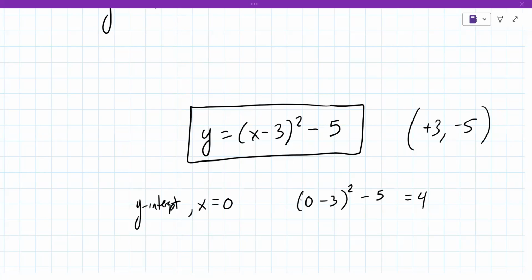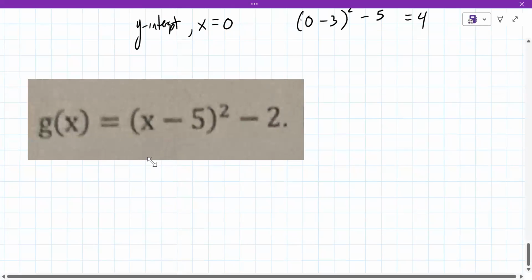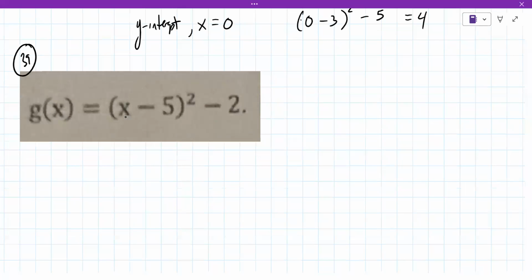So we're not gonna do 39 exactly. We're gonna just give you all the transformations so that you can see them all. So here, this is 39, and you're right. You have the right transformations. This one is right 5 and down 2. And it might even be worth putting the vertex in here, 5, -2, each time. Okay.